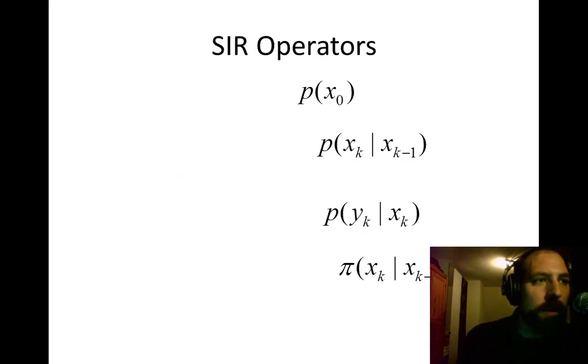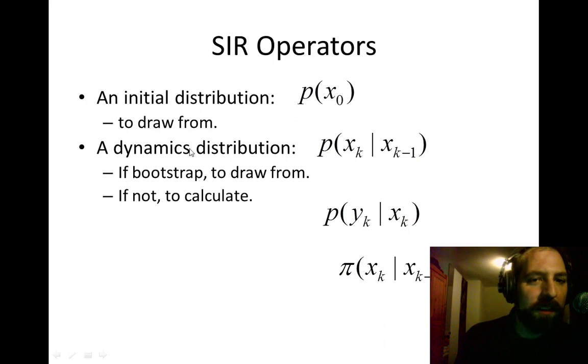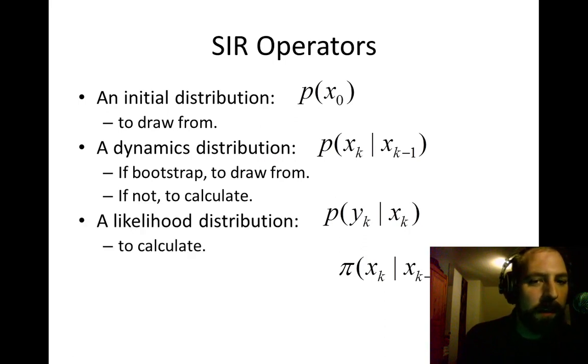Normally when we do particle filtering and recursive estimation in general, we have a series of operators. One is the initial state distribution. Another is a dynamics distribution, which covers how the state evolves forward in time. Another is a likelihood distribution, which measures the match of the observation and the states that you're estimating.